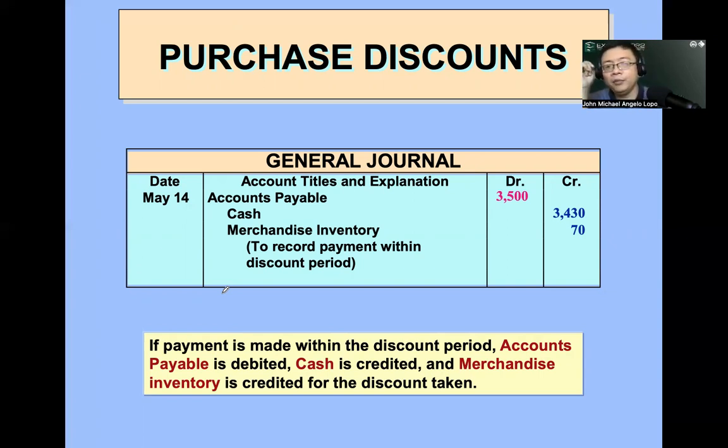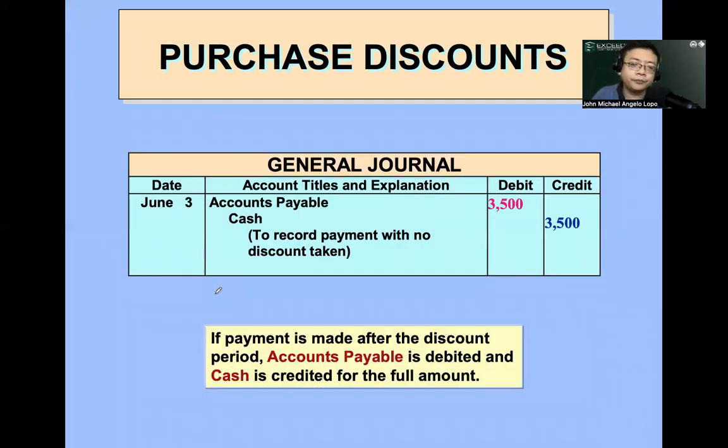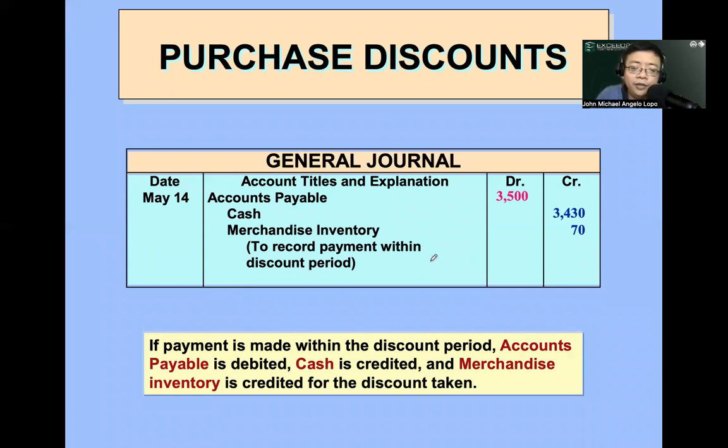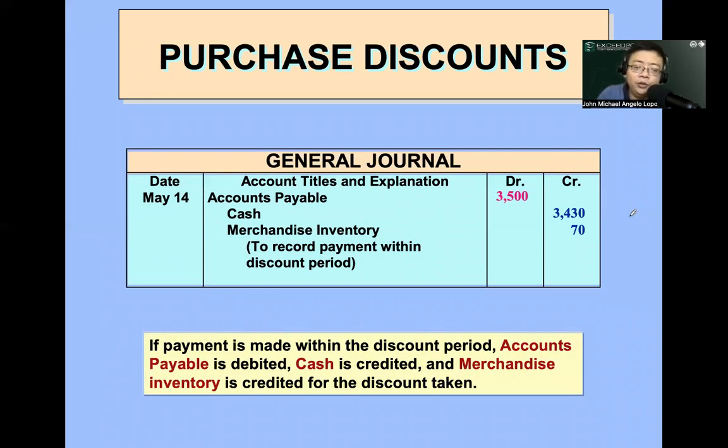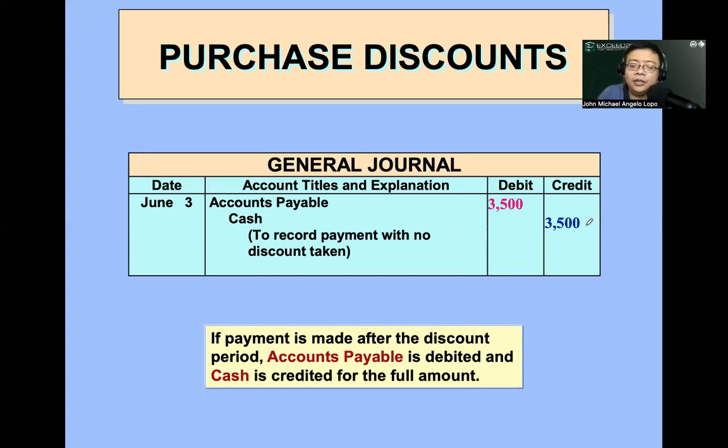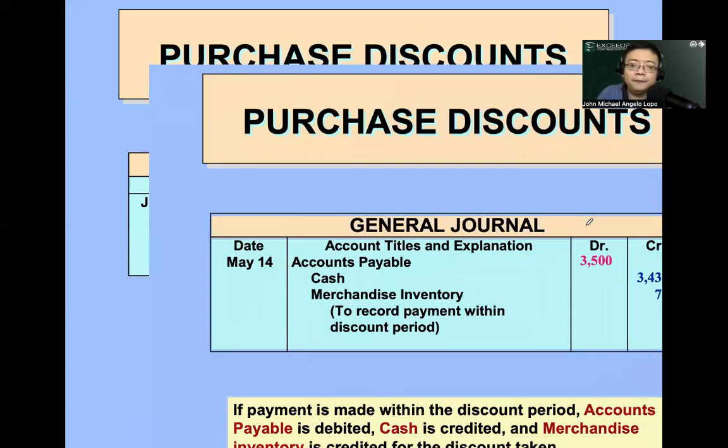You have your purchase discount. Pagkano ba yung utang? 3.5. So we have here your merchandise inventory of 70, that's your discount. If the payment is made after the discount period, accounts payable is debited and cash is credited.